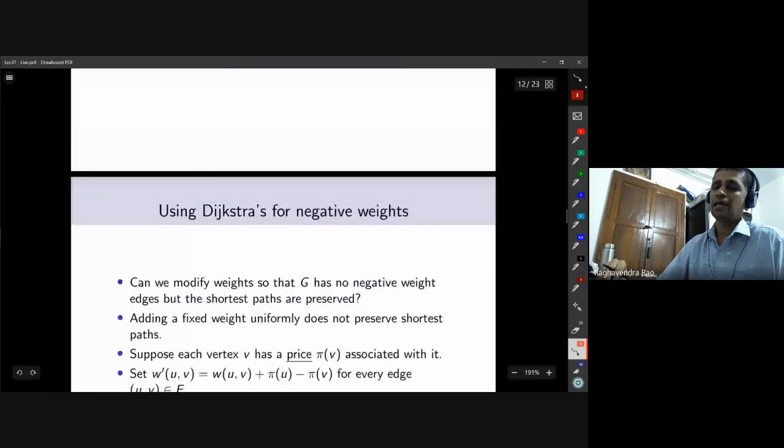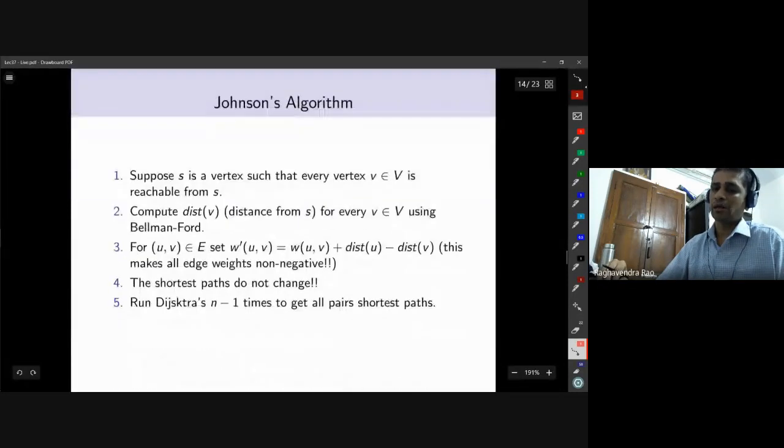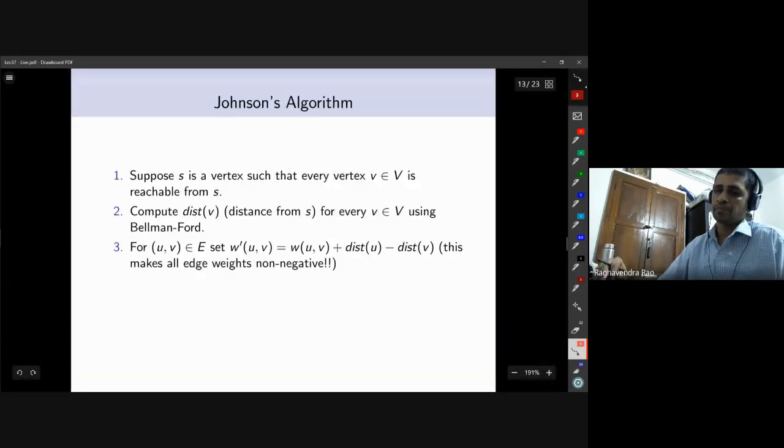For gaining a factor of n or n by log n, this computation should not be too much. The running time should be within, say, n cubed log n, so solving linear equations should be done within that. Whatever idea we come up with should be computable efficiently.